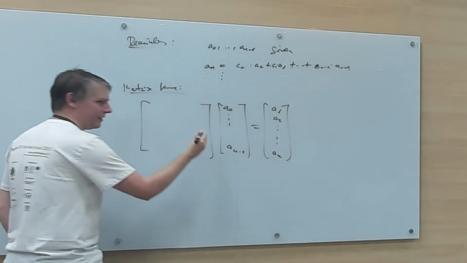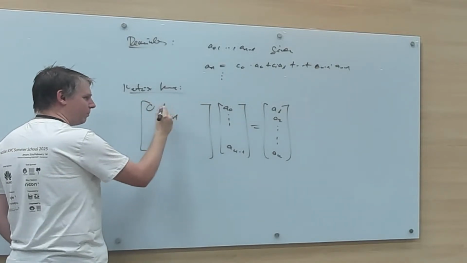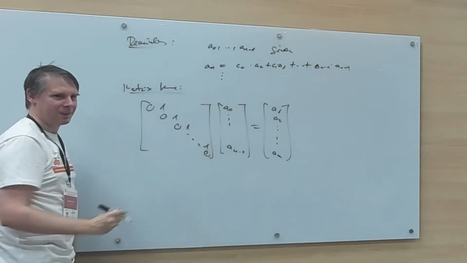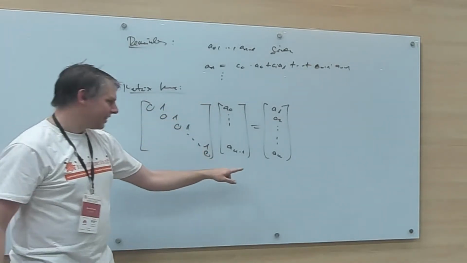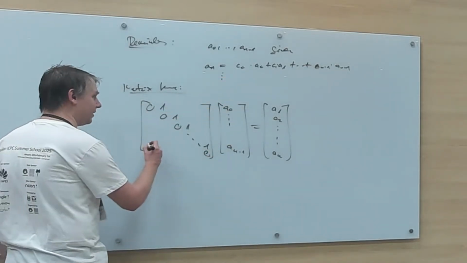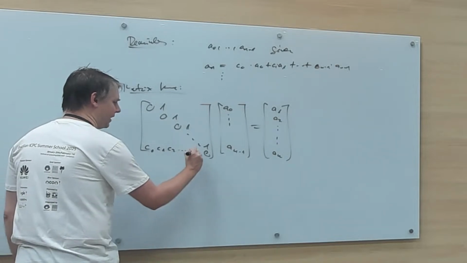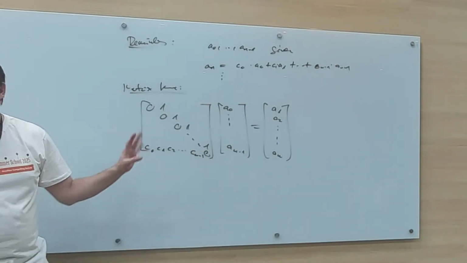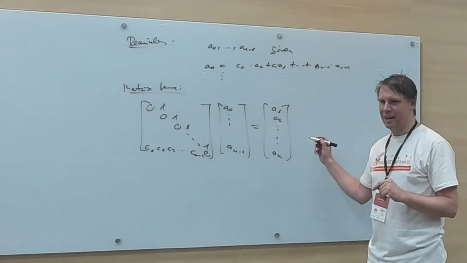You can already remember that to shift the index, you can use this pattern in the matrix. Always take the element from the next index, and you need to calculate the last element using the recurrence relation. So in the last row we will have the values C0, C1, C2, and so on, Cn minus 1. This is how the matrix looks. I think it was something that everyone understood.